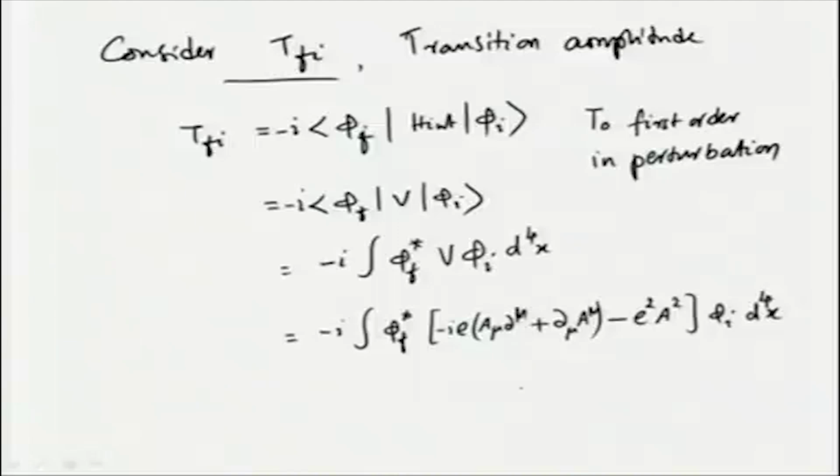What we will do here is, since we are not going to consider the second order perturbation theory, and to be consistent, keeping the correct interactions at the same order of e, we will keep only the first order term and then discard the second order term. This can be done also because e square is a very small quantity compared to e.